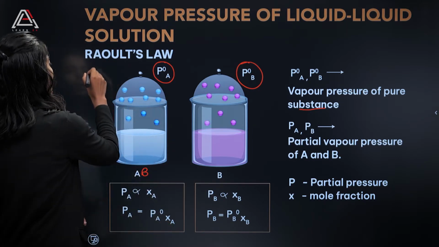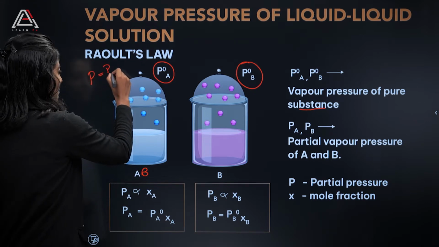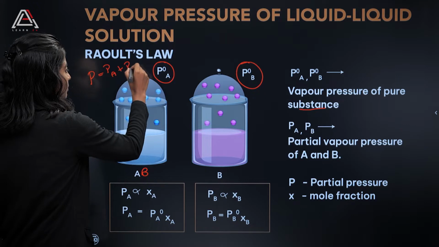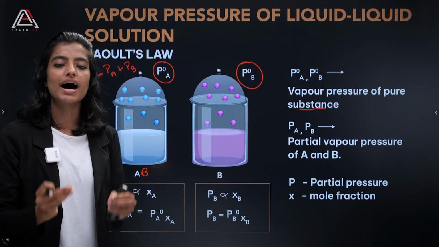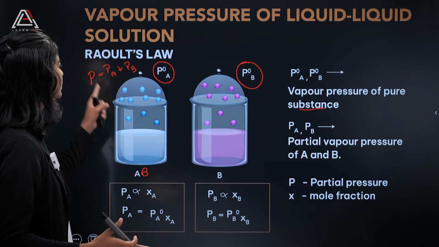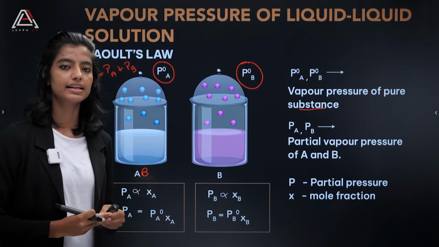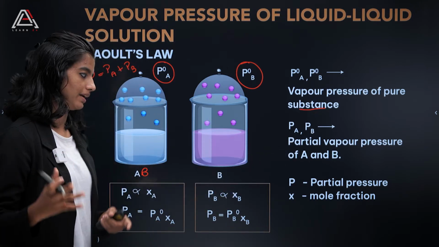So I can write P total is equal to PA plus PB. PA and PB are the partial vapor pressures of A and B.